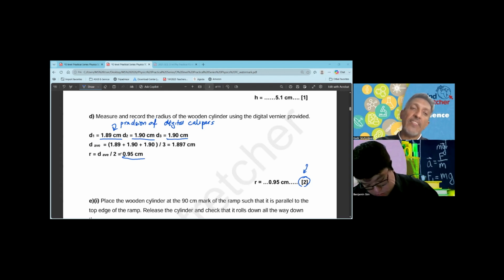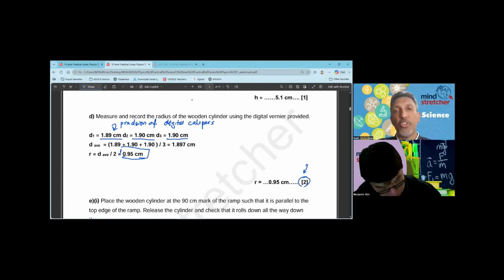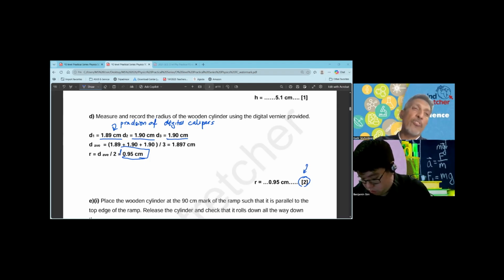The reason why this is given to 2DP, or 2SF, is because I'm following the precision of the digital calipers. Digital caliper is not 0.01 mm. Digital caliper, the precision is 0.01 cm.